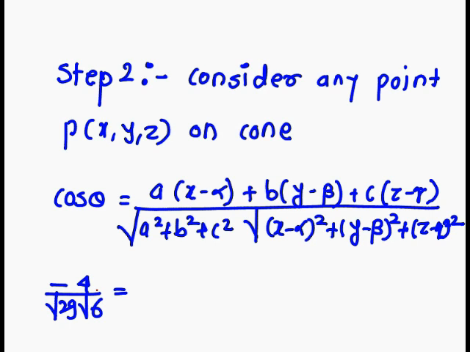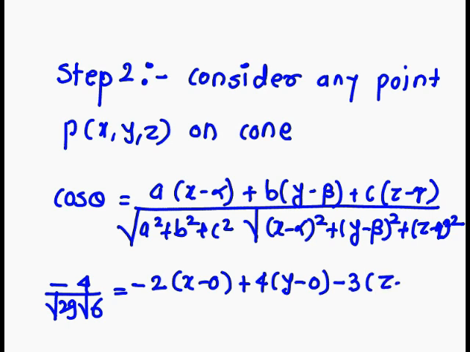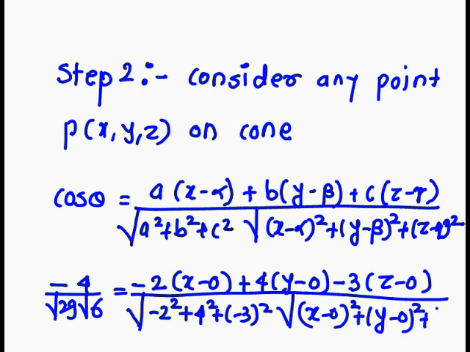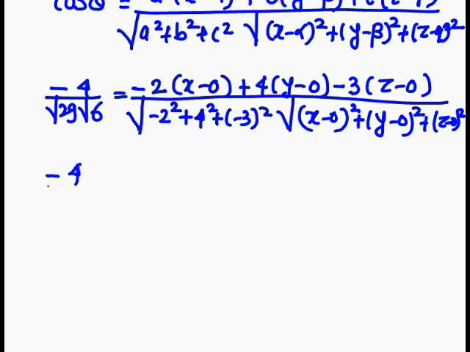So we get minus 2 into x minus 0 plus 4 into y minus 0 minus 3 into z minus 0, divided by square root of minus 2 square plus 4 square plus minus 3 square into square root of x minus 0 square plus y minus 0 square plus z minus 0 square. So here we get minus 4 upon square root of 29 square root of 6.